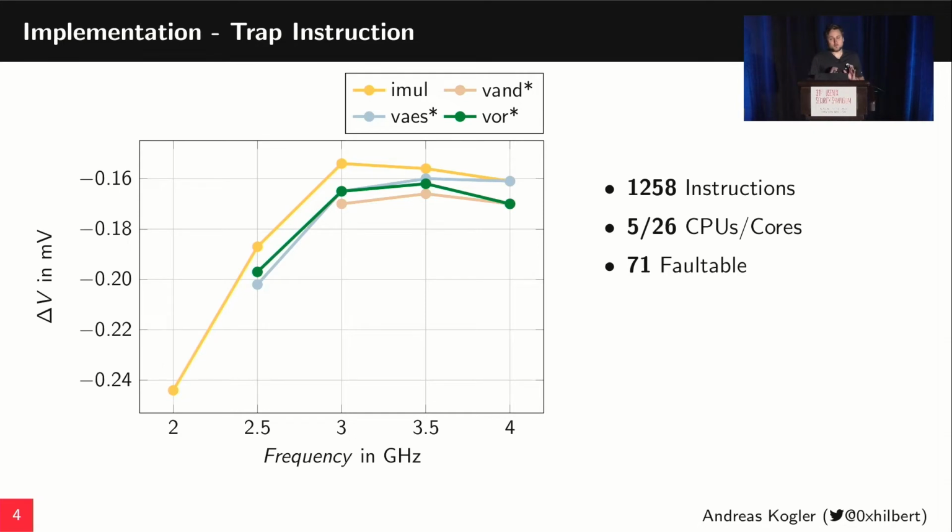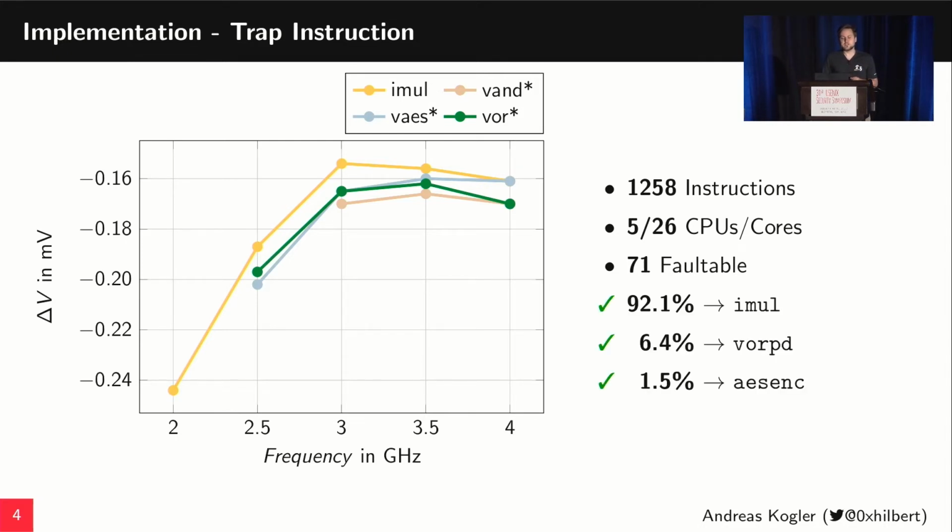We tested approximately more than 1,200 instructions overall across different CPUs, and we found overall 71 faultable instructions. And if we now use this IMUL instruction, which basically faults the earliest, we can already detect 92% of all other faults with the IMUL instruction. If we want to have more certainty, as certain CPUs behave differently, we also need additional instructions to protect against these remaining cases.